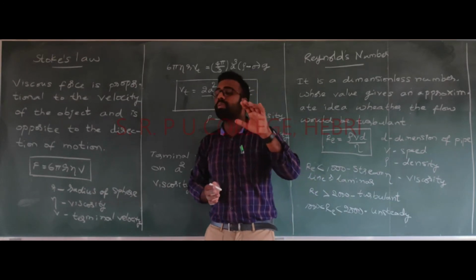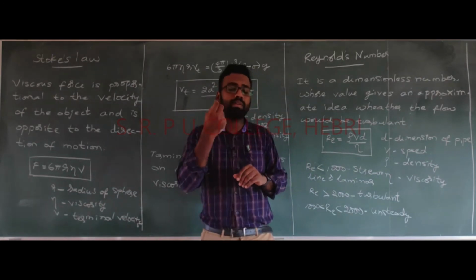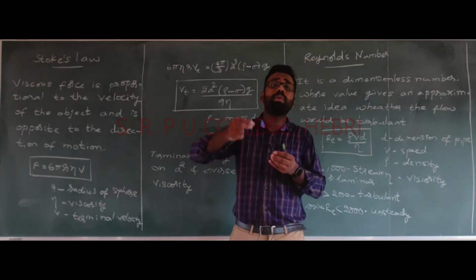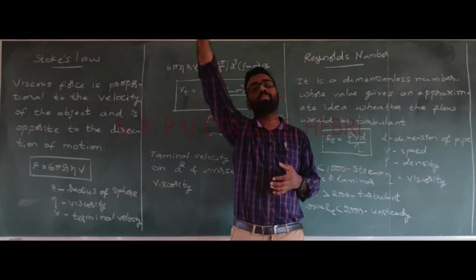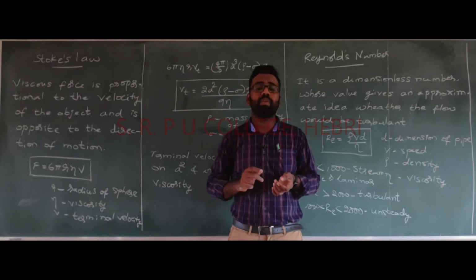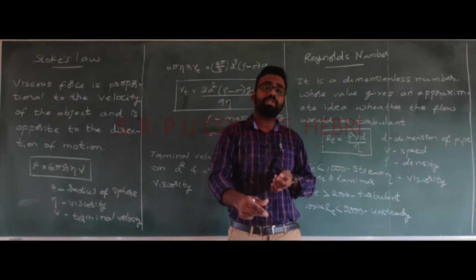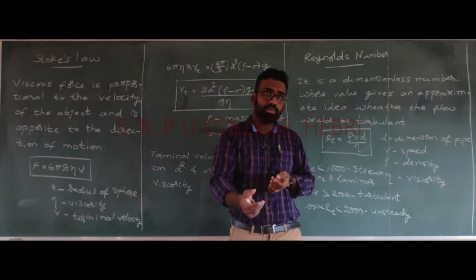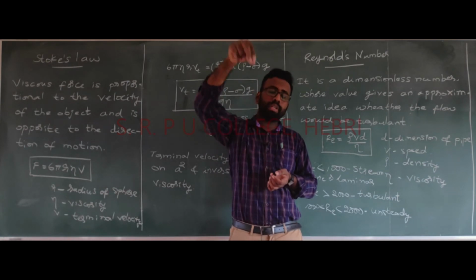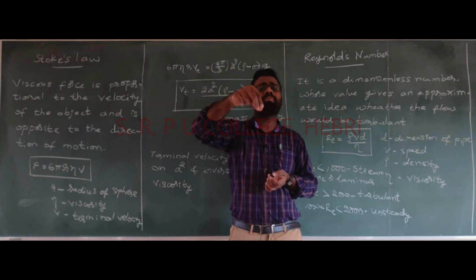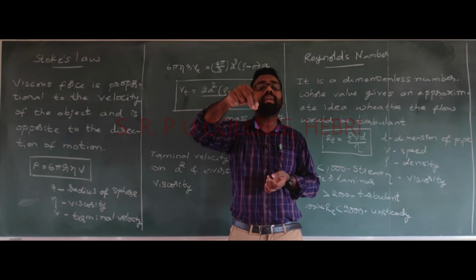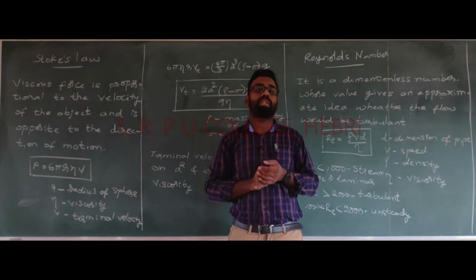You must have heard in your lower classes, maybe your teachers told you, that when an object is dropped from a very high distance, it moves very fast due to gravity, it moves down continuously, and after some time it attains a constant velocity.